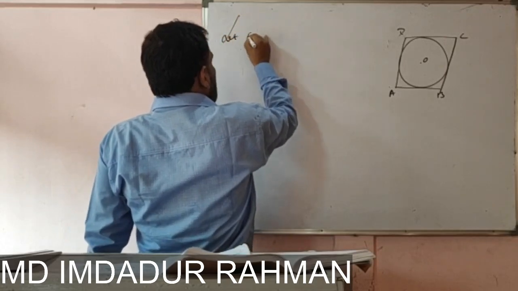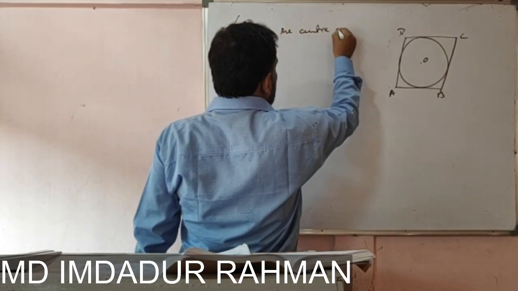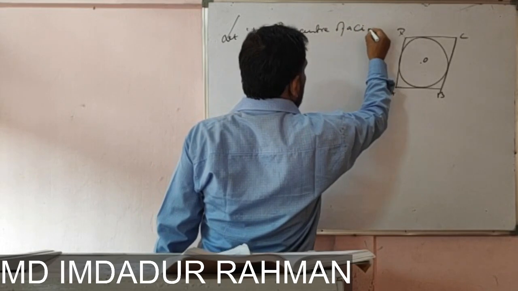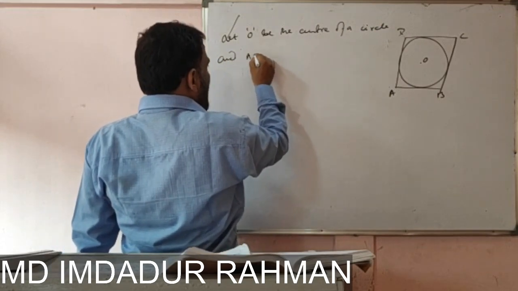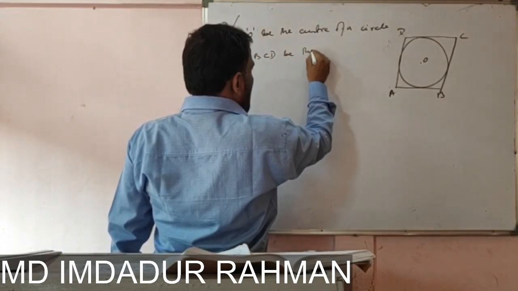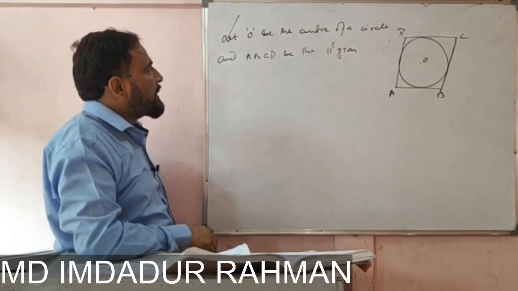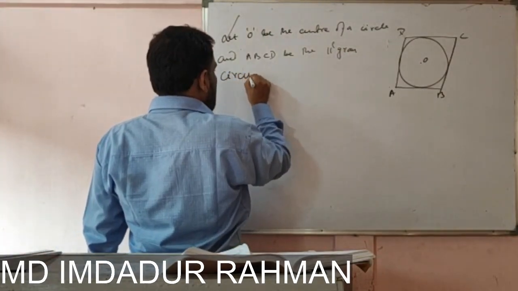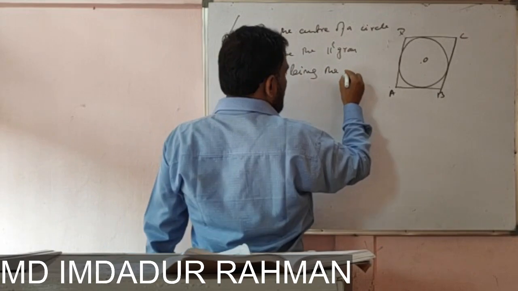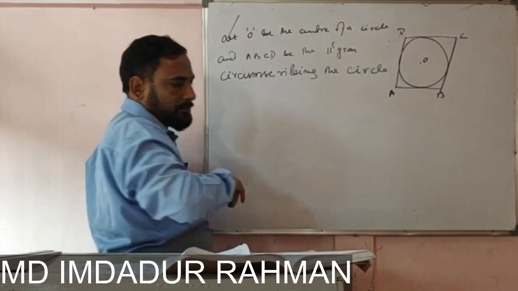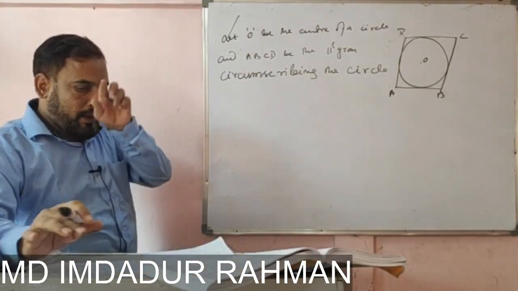So let O be the center of a circle, and ABCD be the parallelogram circumscribing the circle, which touches the circle at P, Q, R and S.